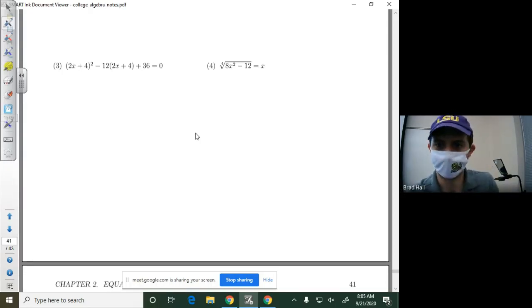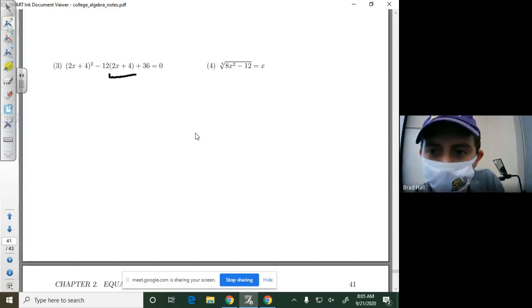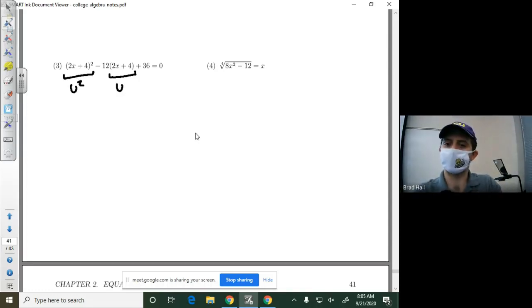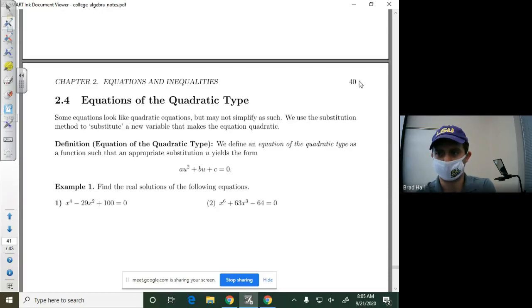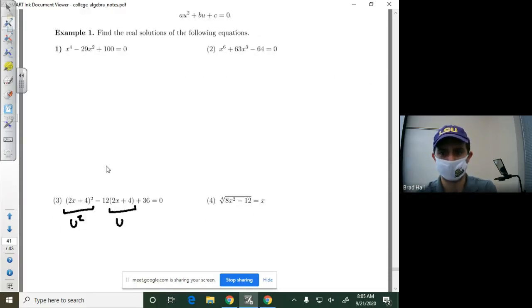Okay, so U substitution, as I was mentioning, this will represent U and this will represent U squared because we are utilizing the implicit pattern here. We see that 2x plus 4 is being duplicated. I'm on page 40 of the notes for those of you at home.